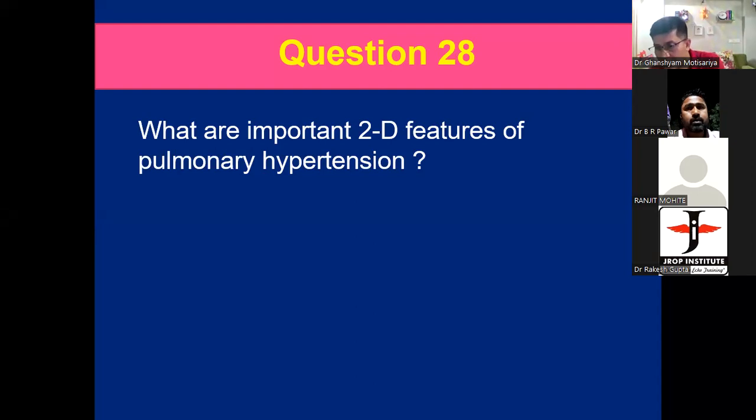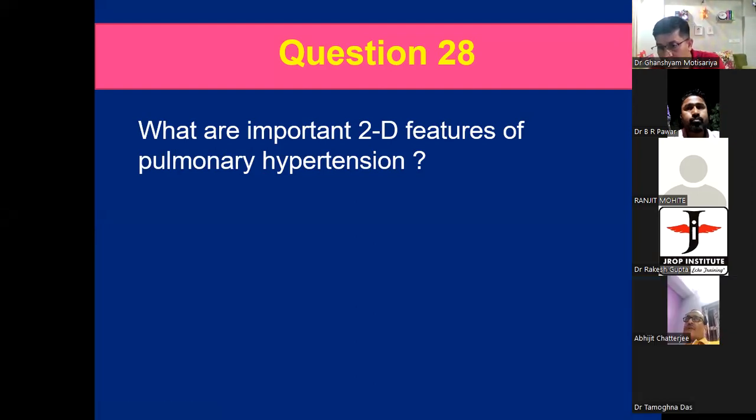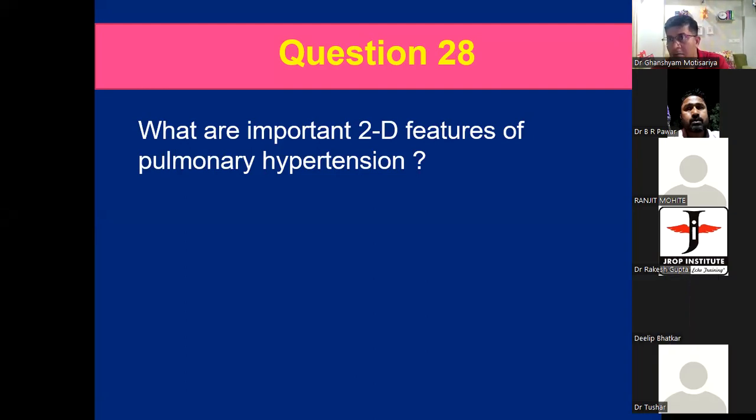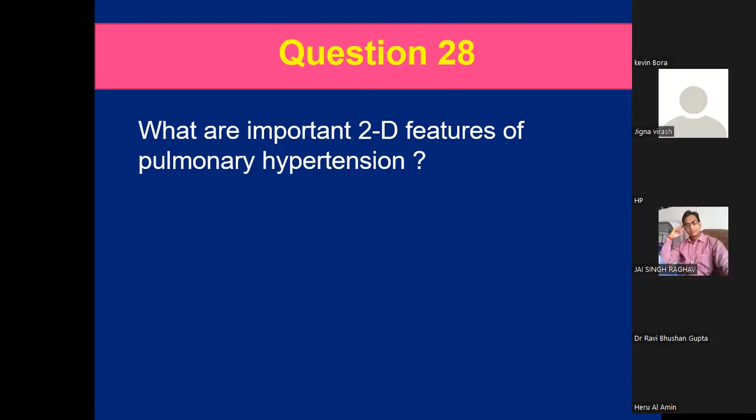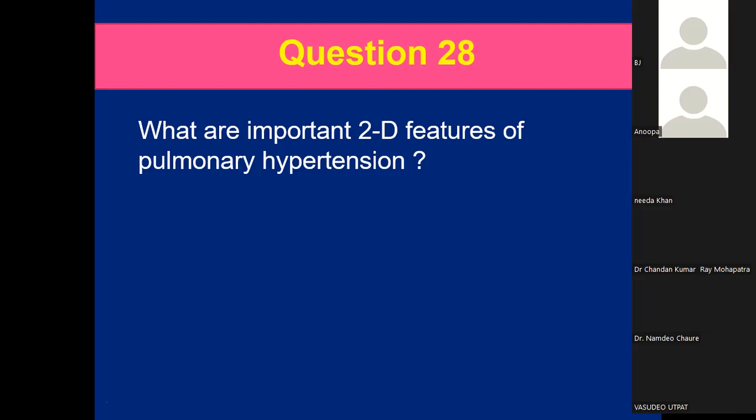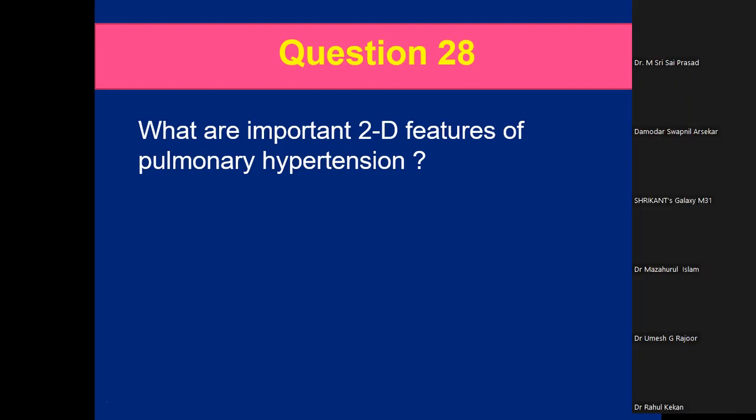Suppose I have an ASD. Even the bulging of the septum would be there in ASD also. Pulmonary hypertension, sir, dilatation of right ventricle.